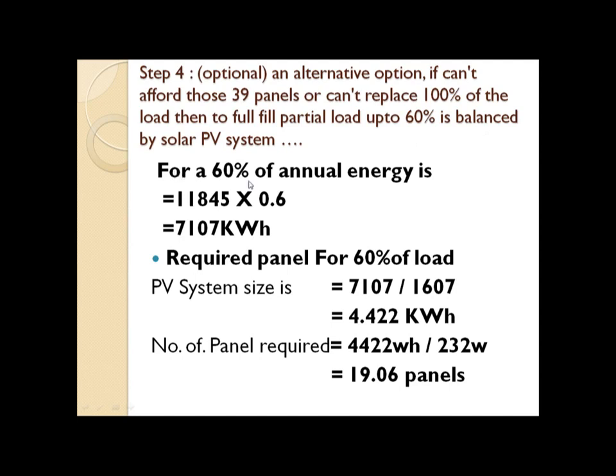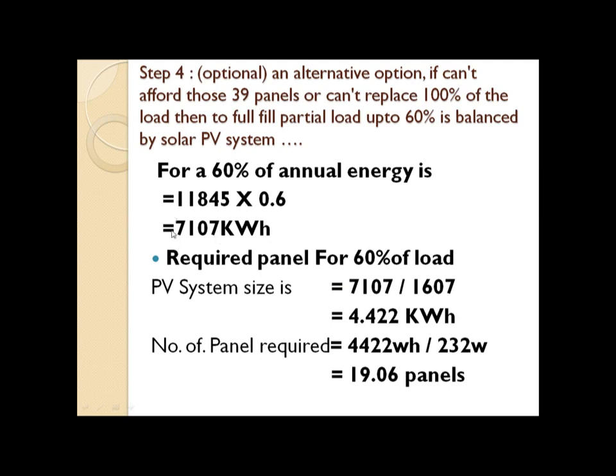For that we choose 60% of annual energy, meaning you multiply the total annual energy demand of 11,845 kilowatt hour by 60%, and you get 7,107 kilowatt hour. So this is 60% of the annual energy demand. Then this value is considered the annual energy demand. For that you calculate the system size and number of panels.